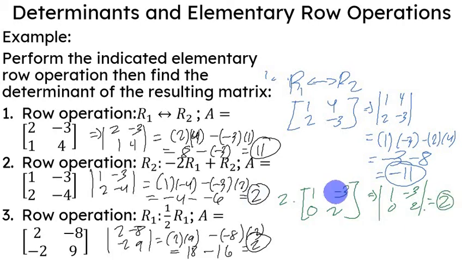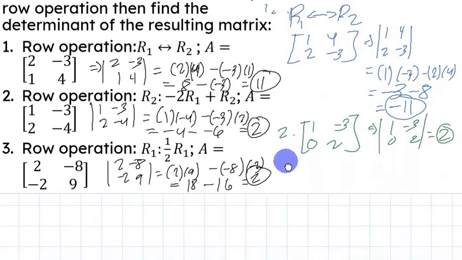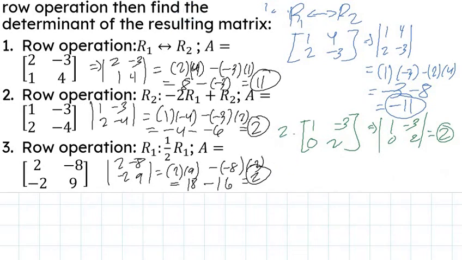Take note of that. Finally, for the third one, let's pan that down. For number 3, row 1 is to be multiplied by 1/2. So for the resulting matrix, for the second row, I'll just copy that. For the first row, 1/2 times 2 is 1. 1/2 times negative 8 is negative 4.